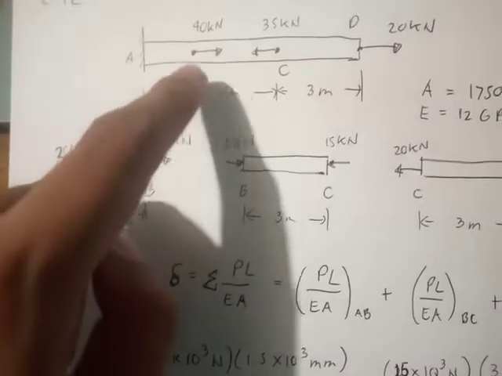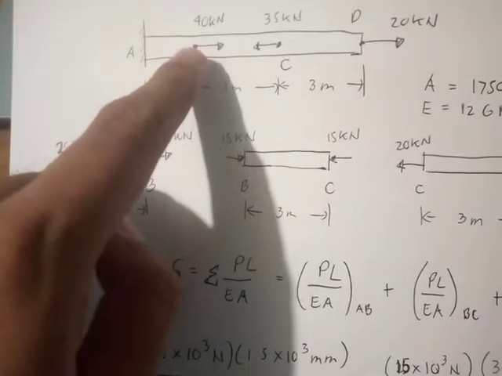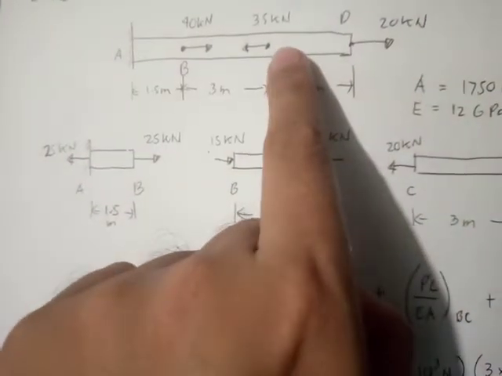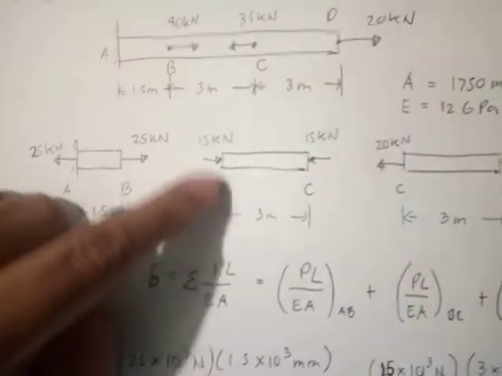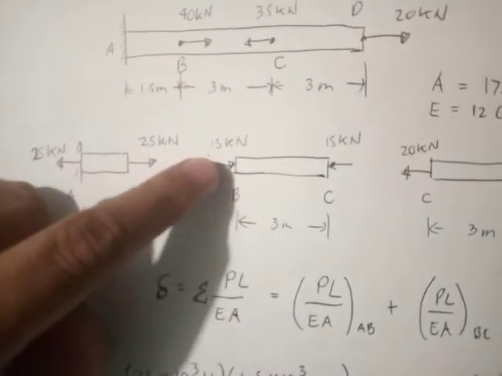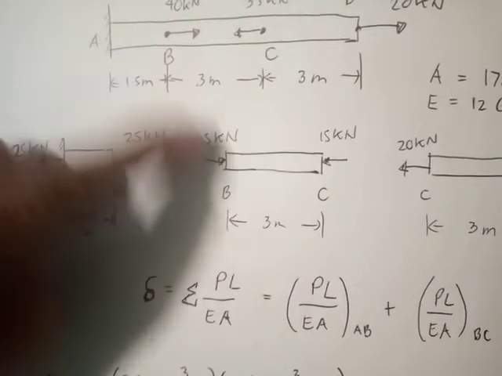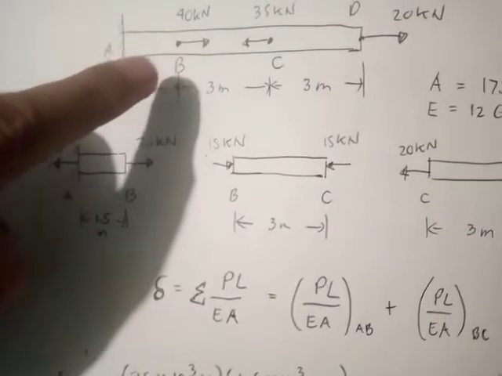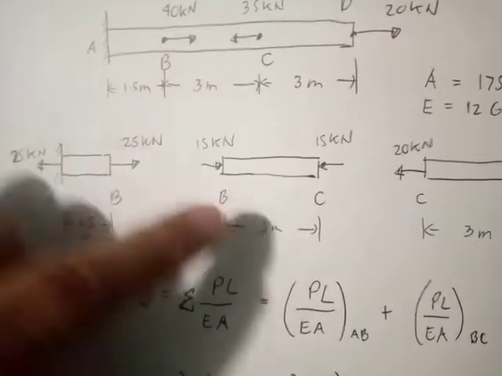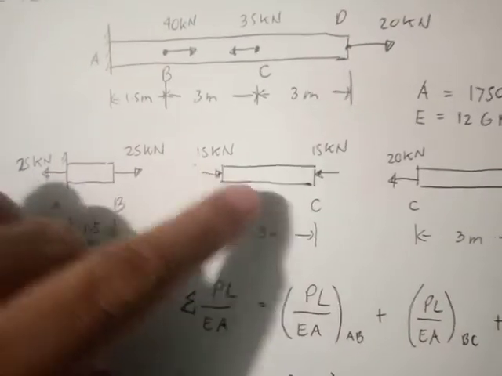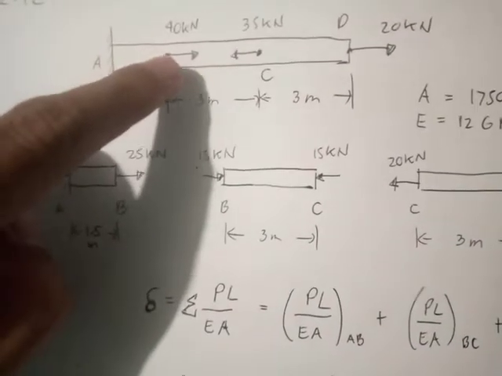By looking again at the graph, it's supposed to be 15 kilonewton here. In order to become 40, it should be added to 25, same direction, since it is 15 kilonewton inward and this is 40 kilonewton inward.